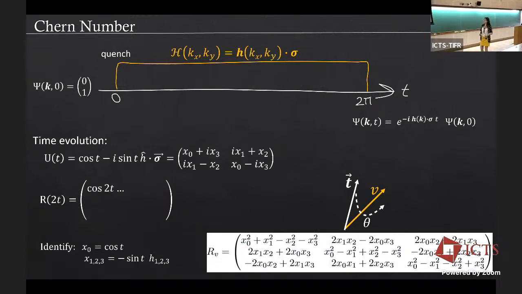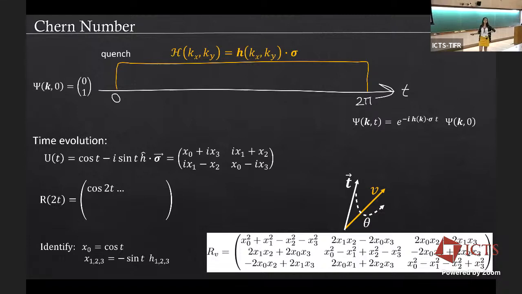Mathematically, we can do this. I can write this time evolution in the usual Rodrigues formula, and in terms of quaternions it will look like a real part and then some imaginary parts like this. You can see this because this unitary evolution can also be expressed as a rotation.